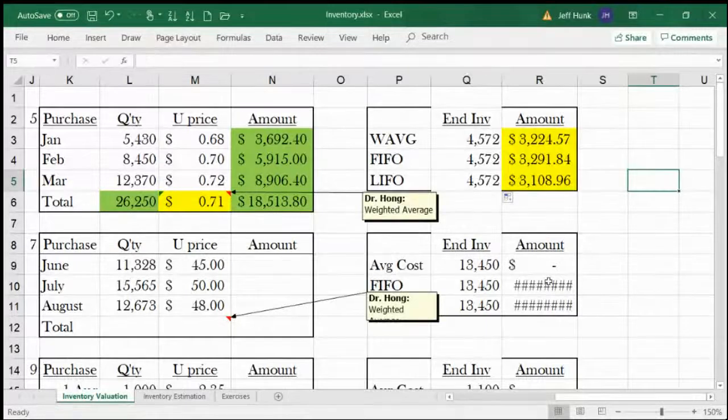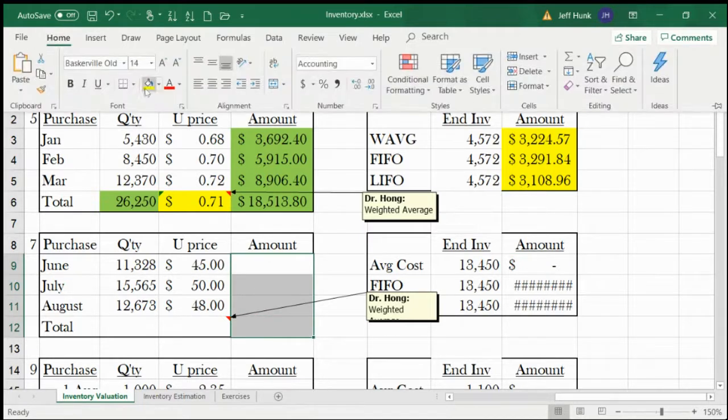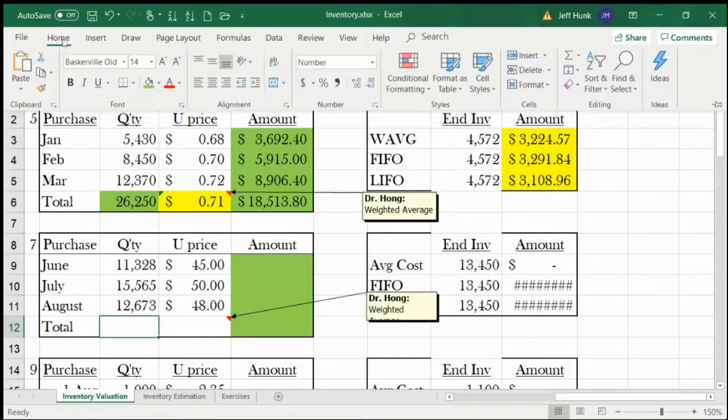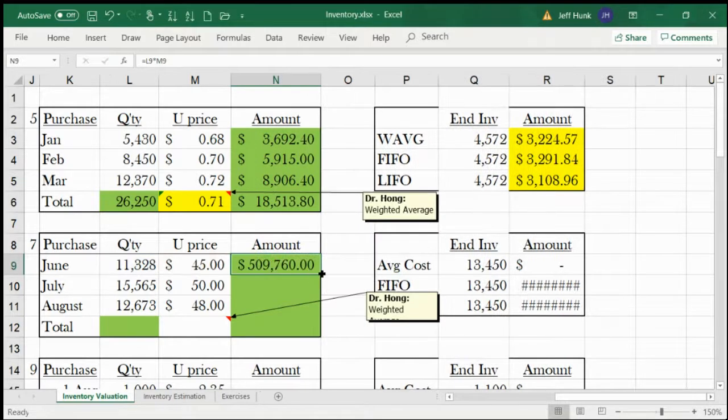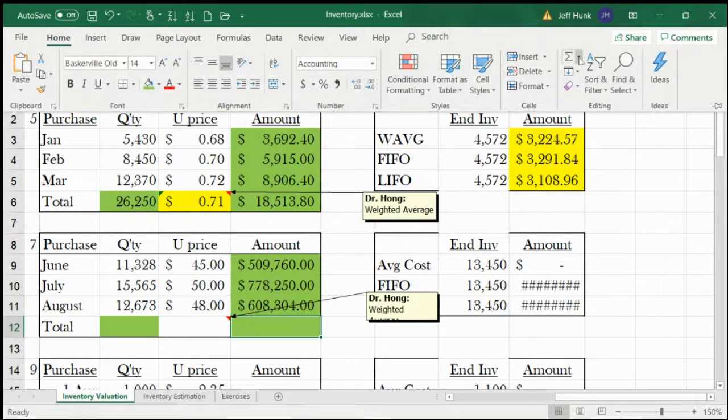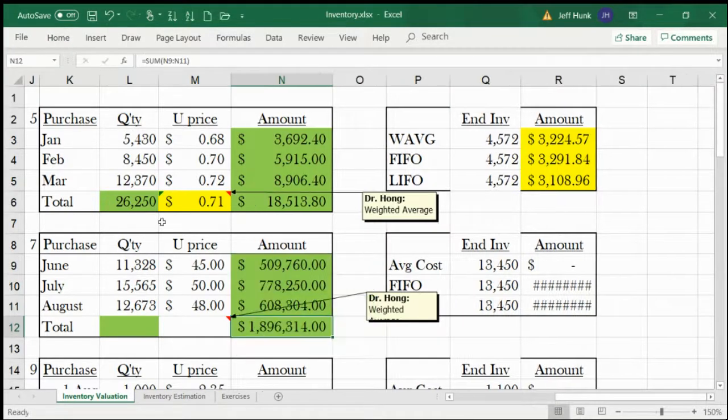Okay. Now, let's find out. It's not a difficult thing, it's just repetitive, because we've done this. All you need to do is multiply this by this, and then drag it down. And then find the sum using auto sum, and also using auto sum.